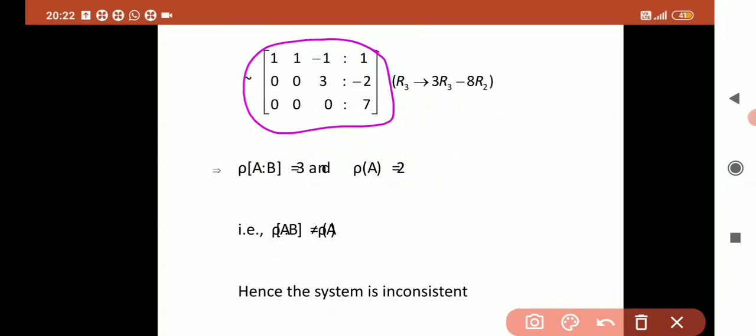Here how many non-zero rows are there? Here we have 3 non-zero rows. So this implies the rank of A colon B is equal to 3.